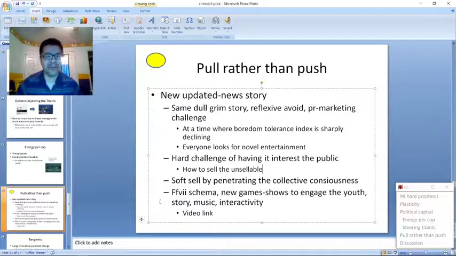One of the examples is Final Fantasy VII. It weaves together a compelling story, especially for our youth, with story, music, and interactivity.